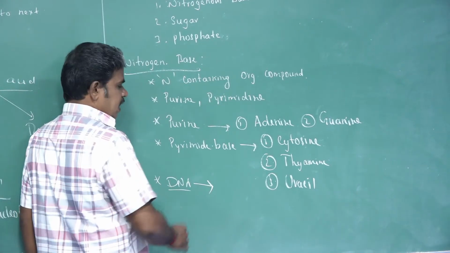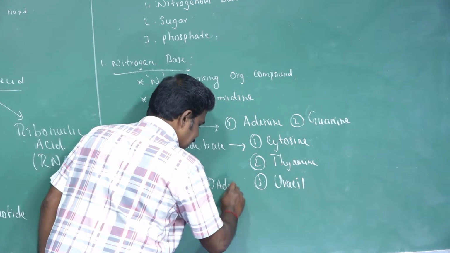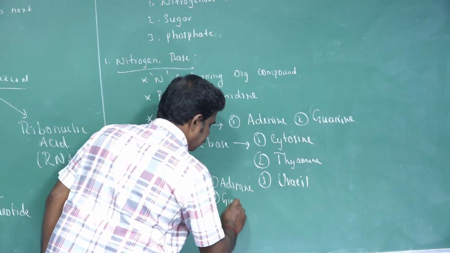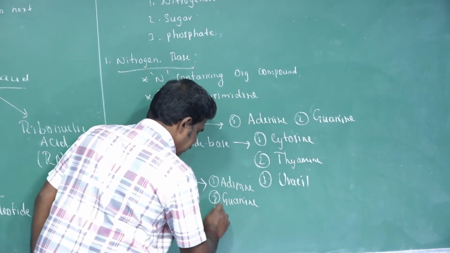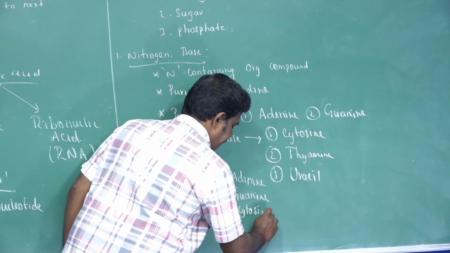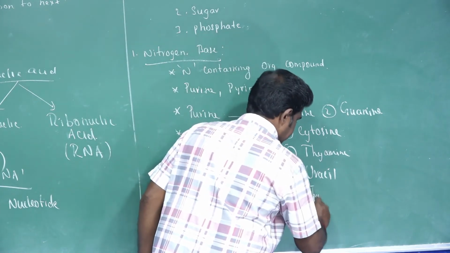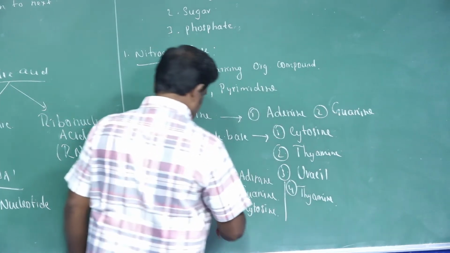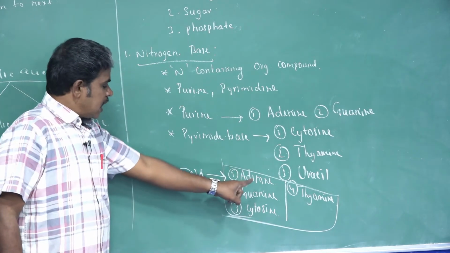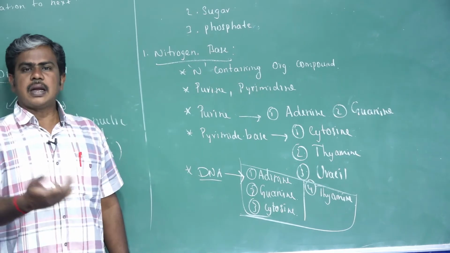DNA contains four bases: adenine, guanine, cytosine and thymine. Adenine, guanine and cytosine are common to both DNA and RNA.